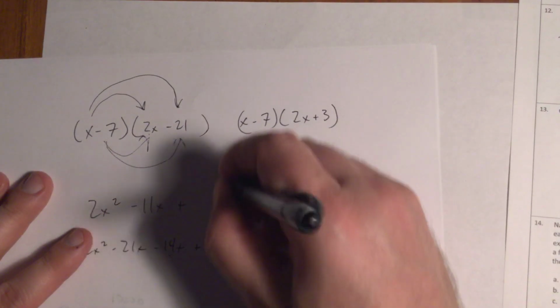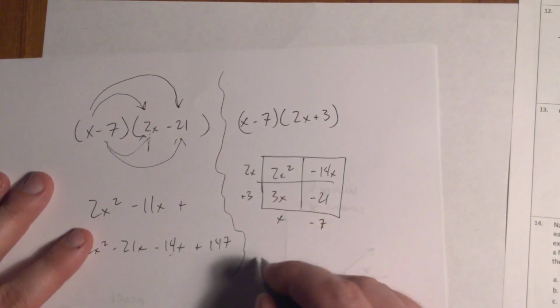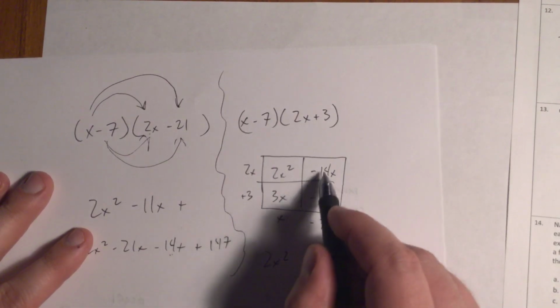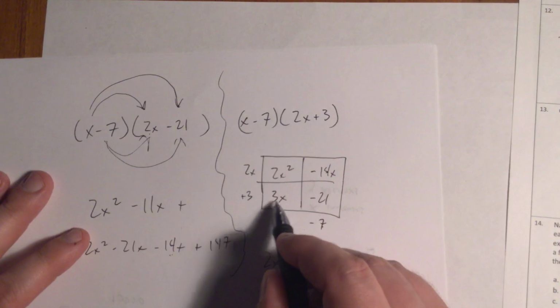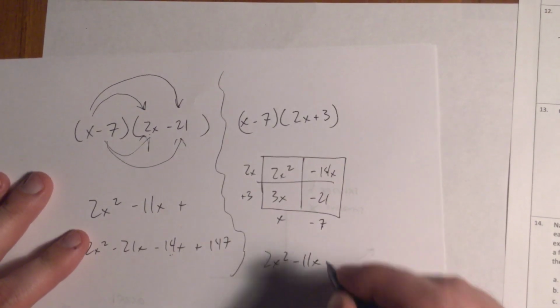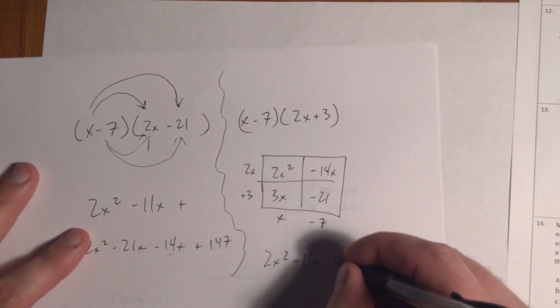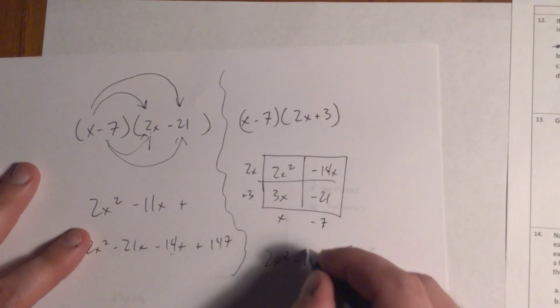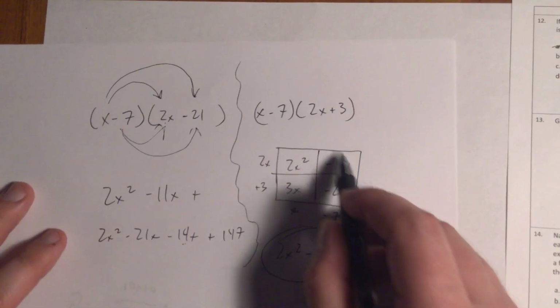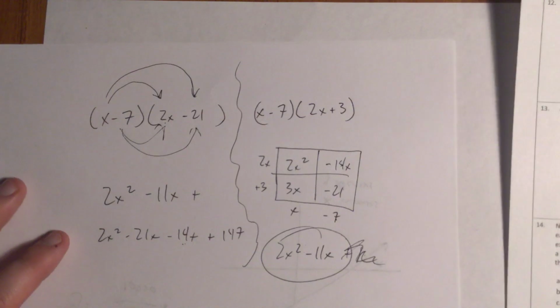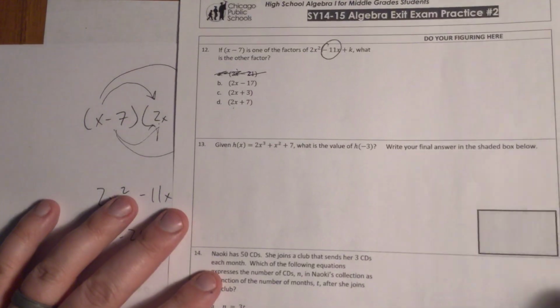Okay, that looks like it might be the winner. So I'm going to have 2x squared minus 14x plus 3x, that's minus 11x. I don't care what the constant is, just that k they were trying to confuse you with. That's what I wanted. So it's got to be this one, 2x plus 3. So the answer is C.